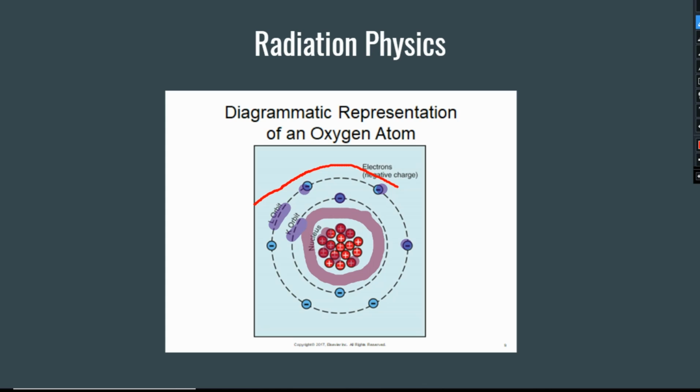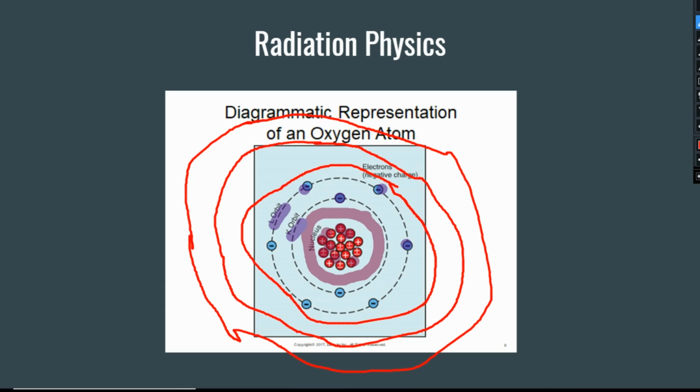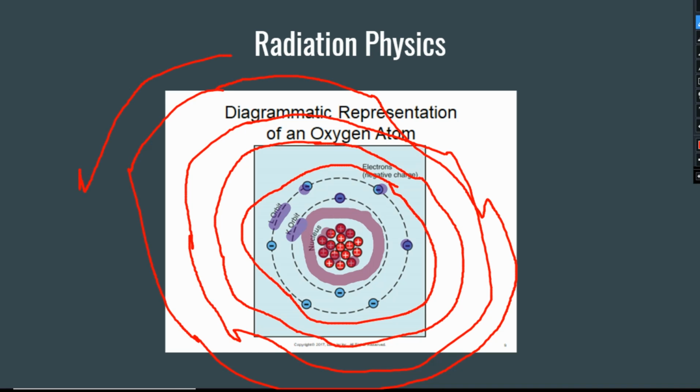We could have another ring here. Using my drawing, this would be the M shell. And then another one here, N. O. P. My drawing is terrible and I apologize.